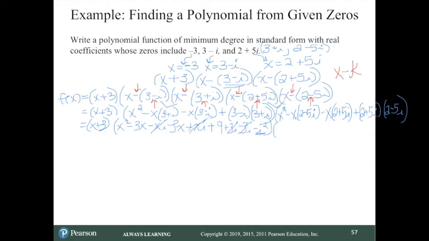We'll do the same thing here, x squared minus 2x plus 5xi minus 2x minus 5xi. Those will cancel out. Plus 4 minus 10i plus 10i. Those will cancel out. Minus 25i squared.